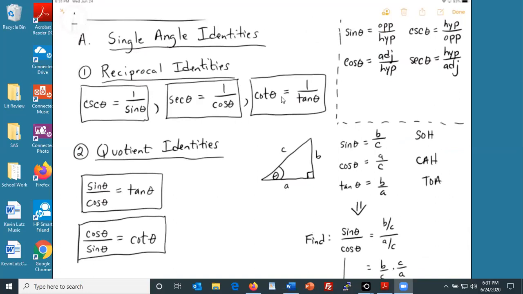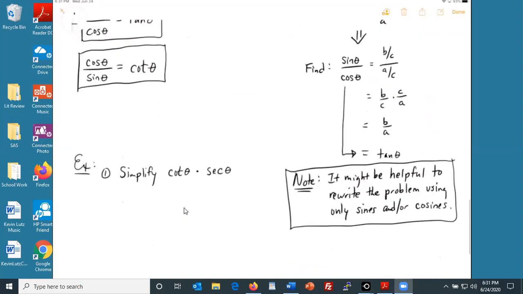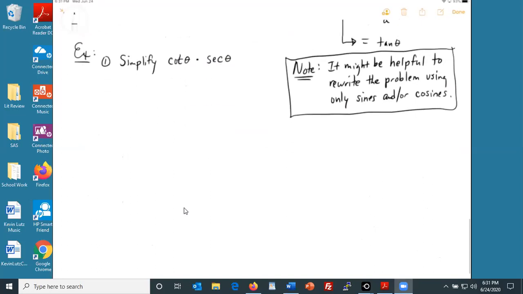Tangent and cotangent are also involving sine and cosine. So you can rewrite every trig expression using sine or cosine, or both. And that's useful because you can reduce 6 functions down to 2. That makes the algebra much more doable and much more simple if you can reduce 6 names down to 2.